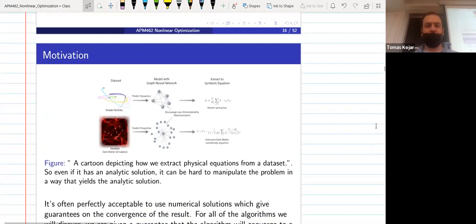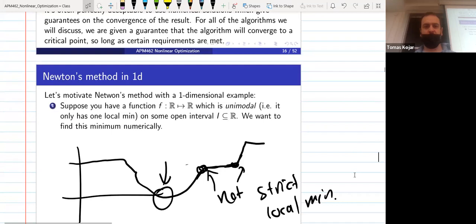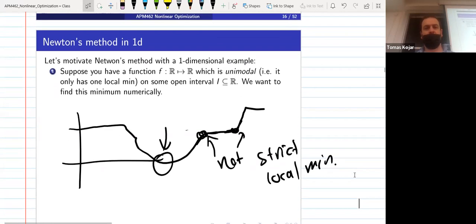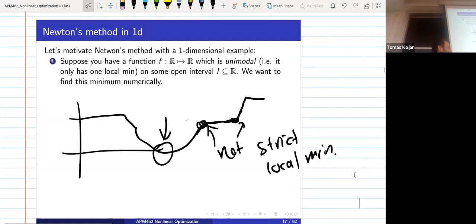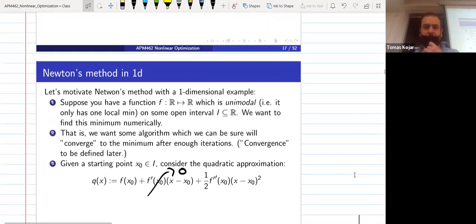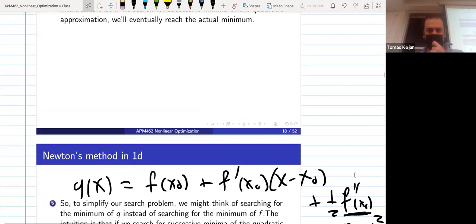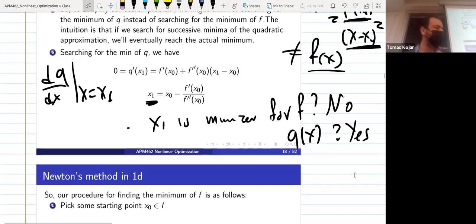What, does it have to be differentiable or something? No, why not? Let's see. Maybe you're right. I think you're right. Because f prime will be zero, so f double prime will be infinite.